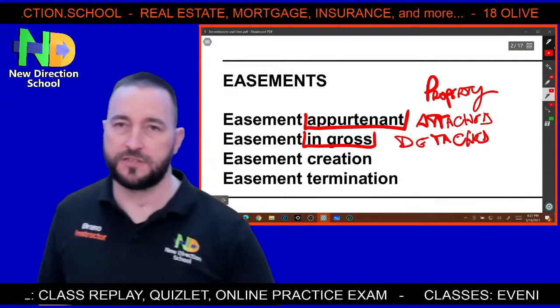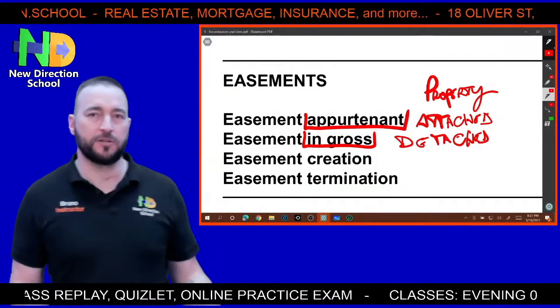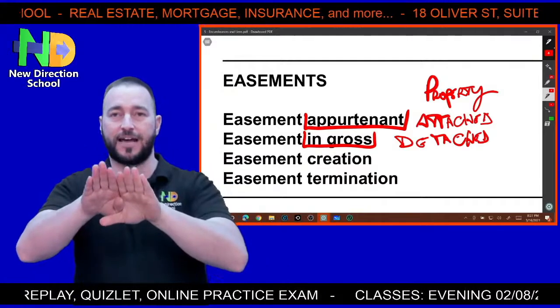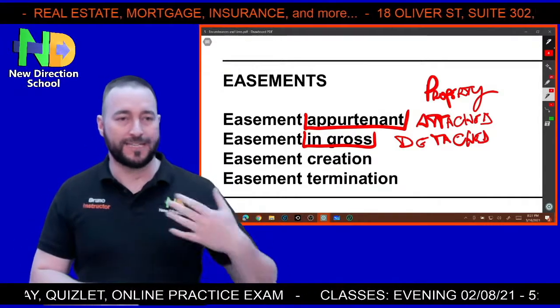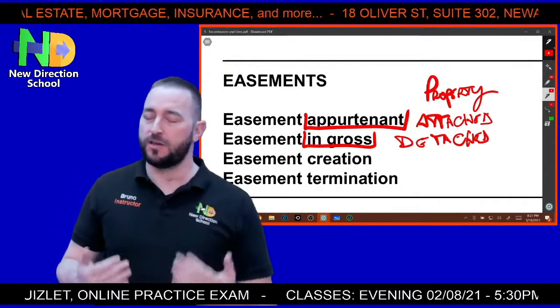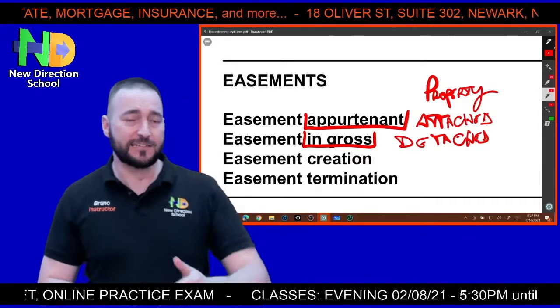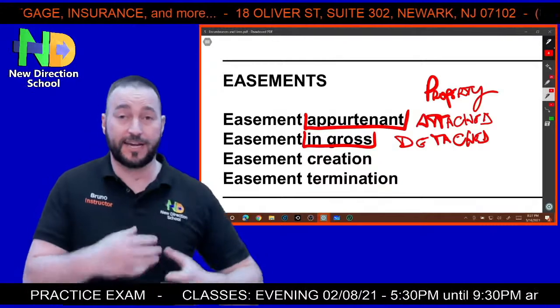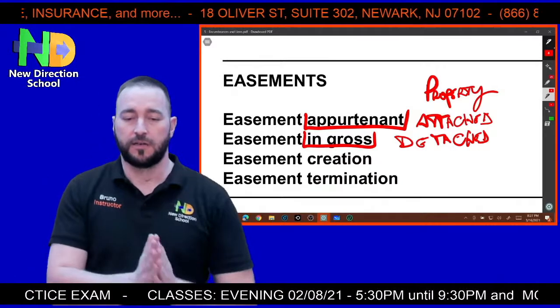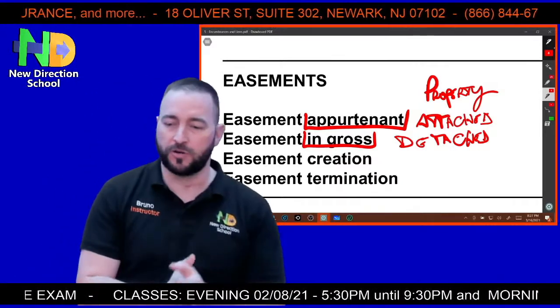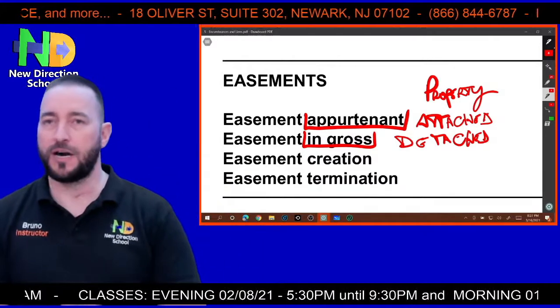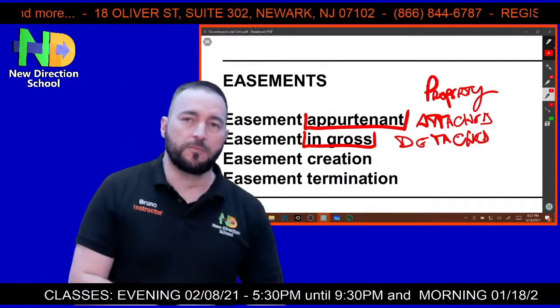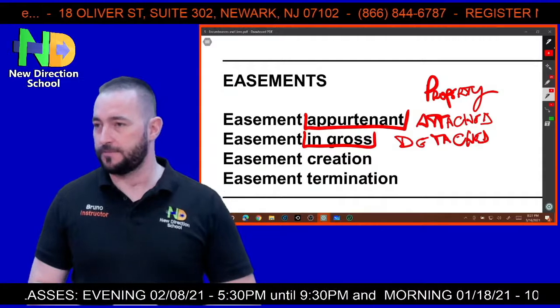I'm going to show you this in a second. When you have an easement appurtenant, that means that two properties are attached to each other. So it's my property and your property. We are direct neighbors. It's not somebody down the block. You're my next door neighbor, and I have the right to use your property. All right? So when we talk about easement appurtenant, think about, for instance, properties with shared driveways.